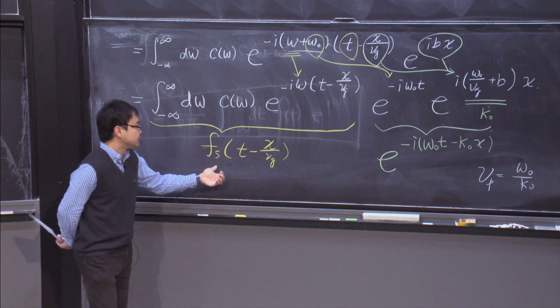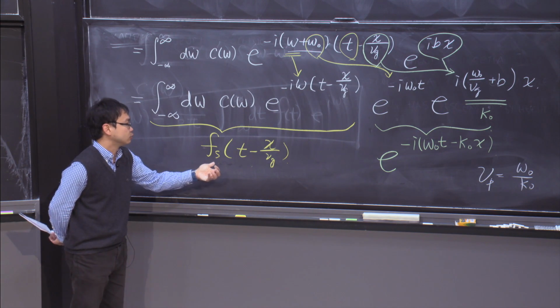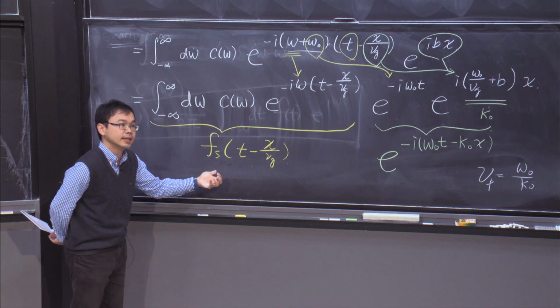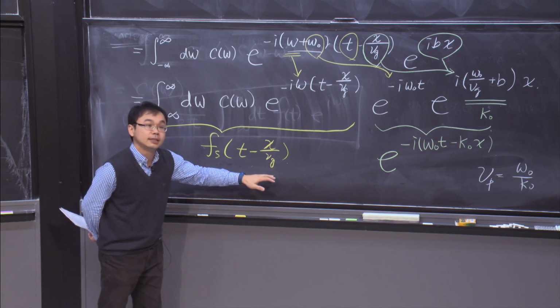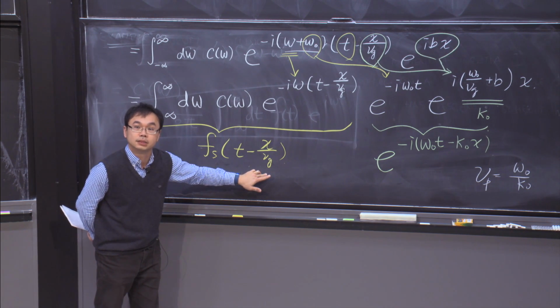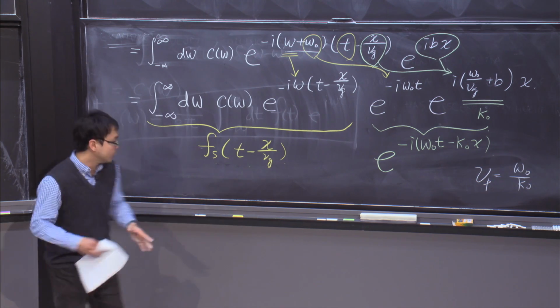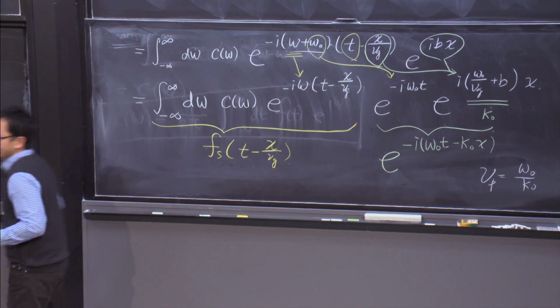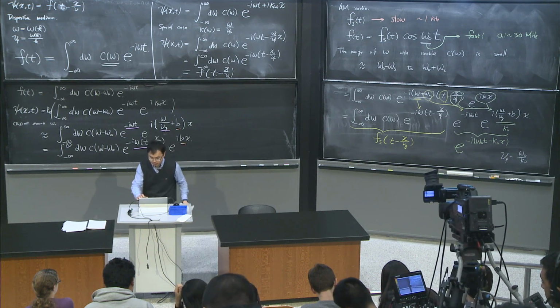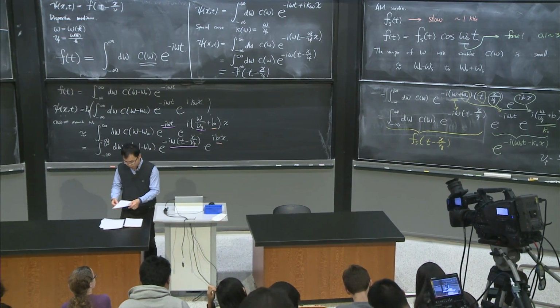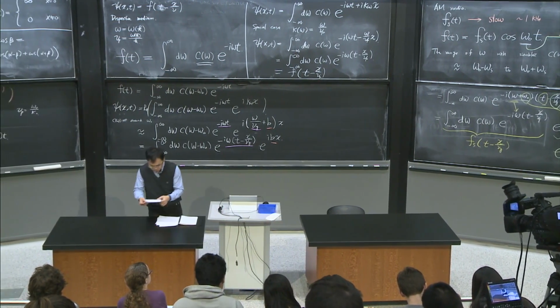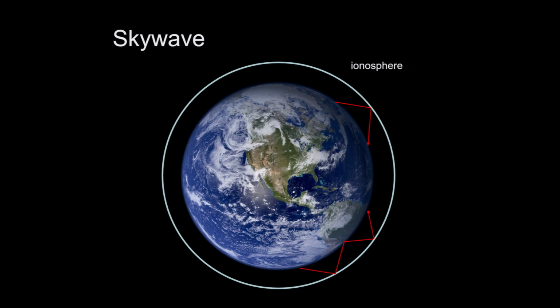But the difference is that the speed of the signal you are sending is at the speed of group velocity. Okay, that is actually an amazing fact, which enables us to send signals thousands of miles away from the source.